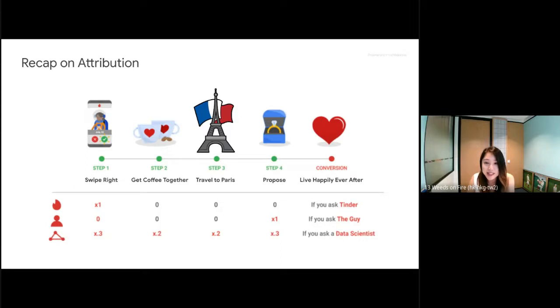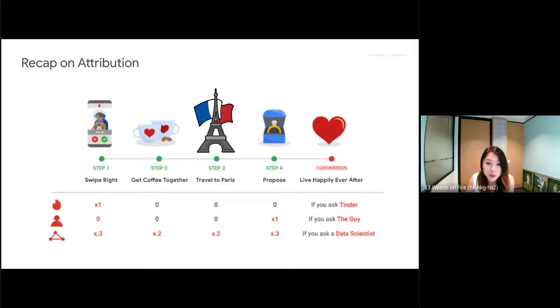But if you ask a data scientist, they probably think that every channel in this journey actually contributes to this relationship. So attribution is all about attributing that credit to the right channel. And in a media context, of course, you would want to know which exact channel actually contributes to that conversion or that user purchase.